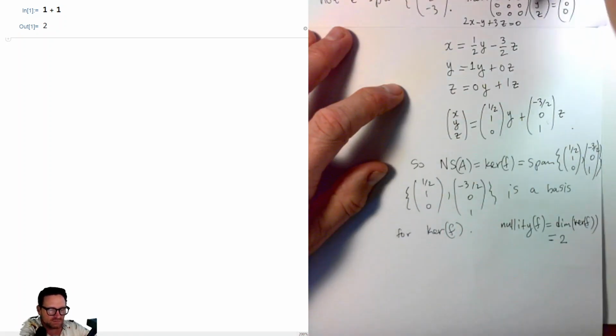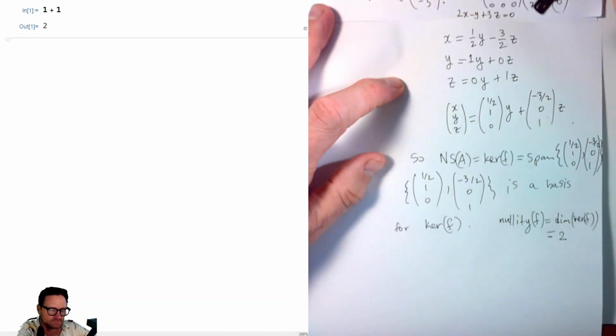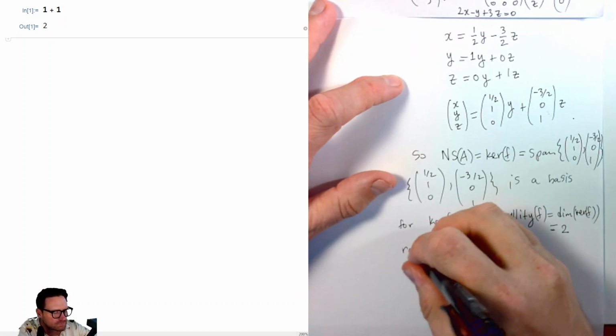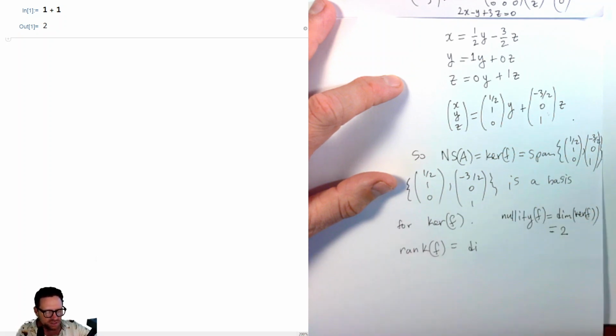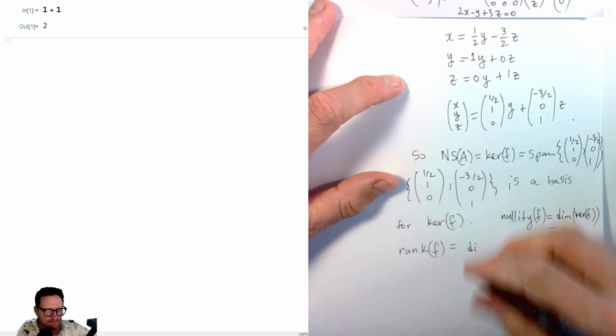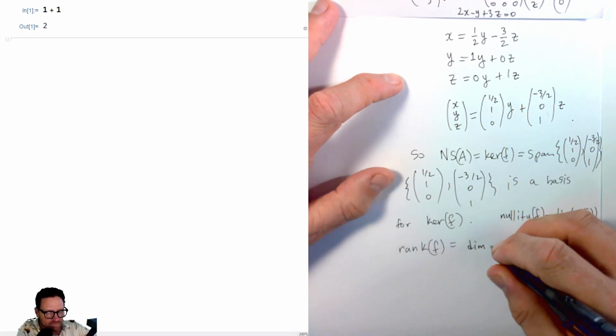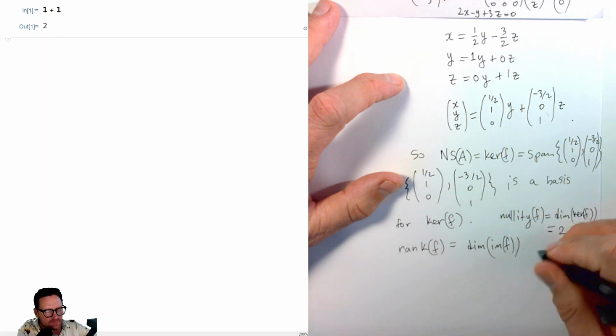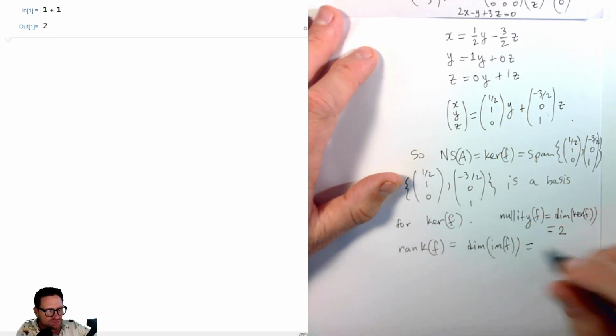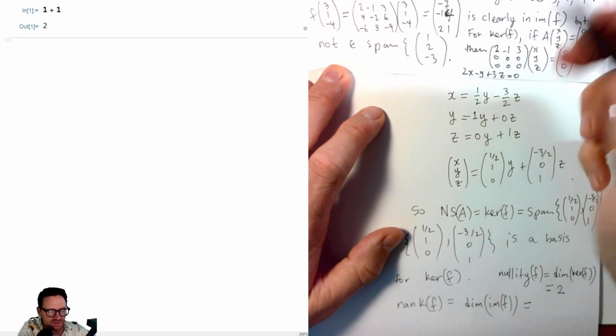Now the rank of F is the dimension of the column space, or the image of F. And so that was equal to 1 because we had one vector there.